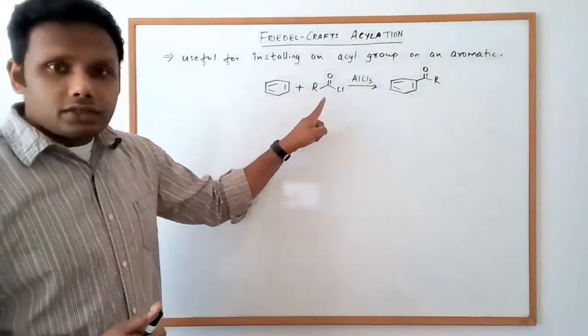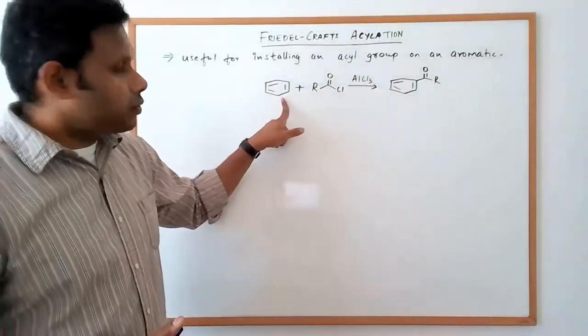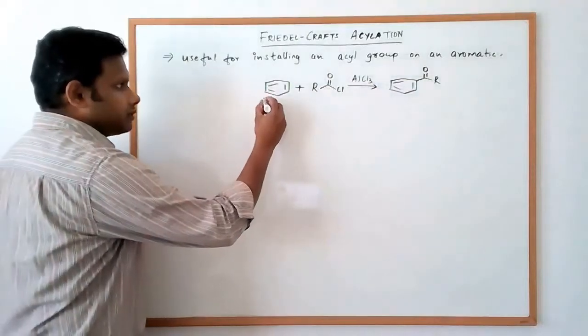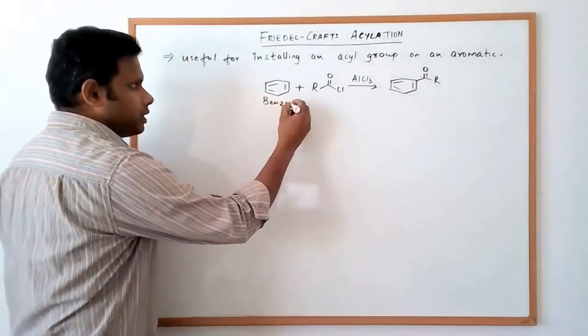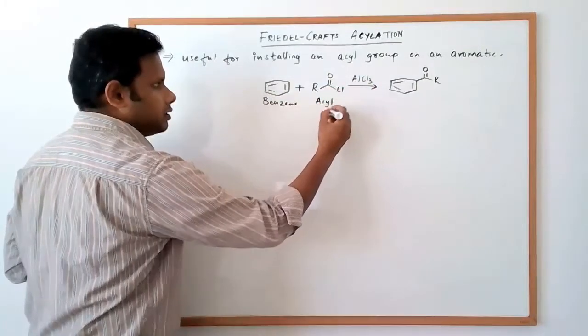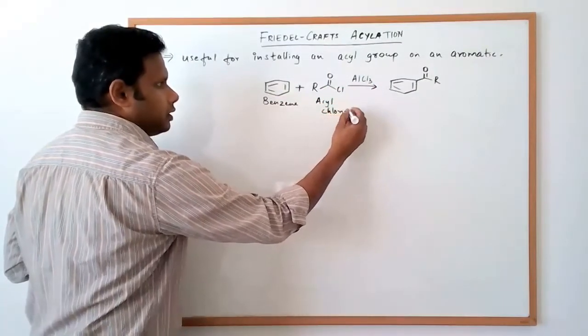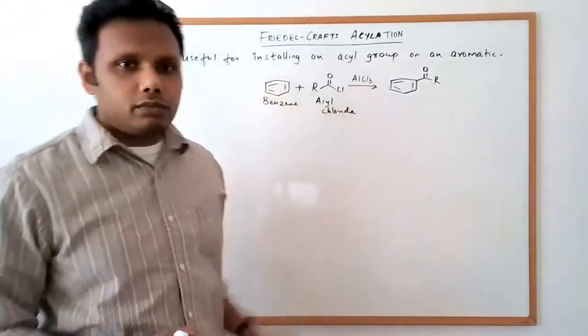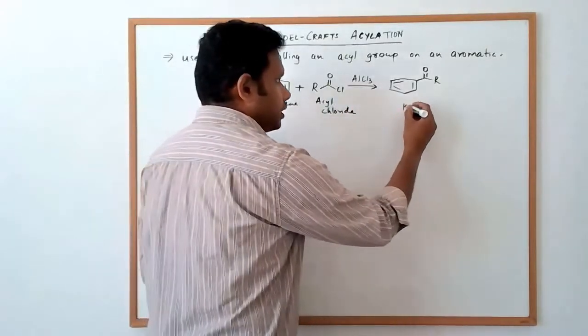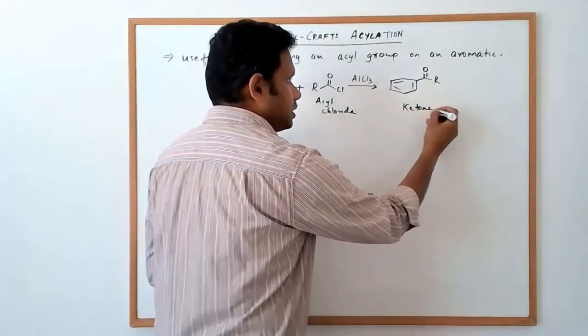So the reaction is achieved by reacting an aromatic compound. Example, benzene is the example that we are using here. So the benzene ring, when it's reacted with an acyl chloride and you use aluminum trichloride as the catalyst, the product that you get is a ketone.